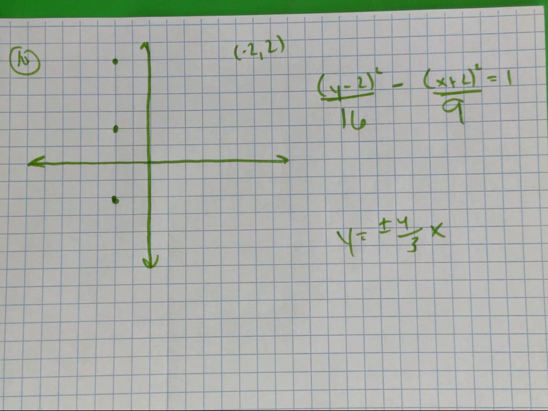Oh, homework's page 10, 33 through 38. One of my first period students said 33 is kind of weird. I'm going to work it later and see if it is, okay?